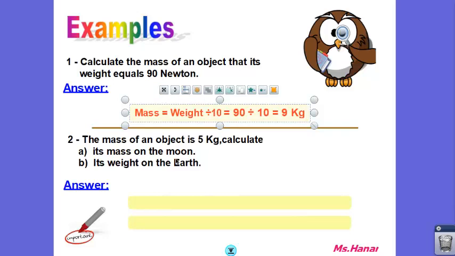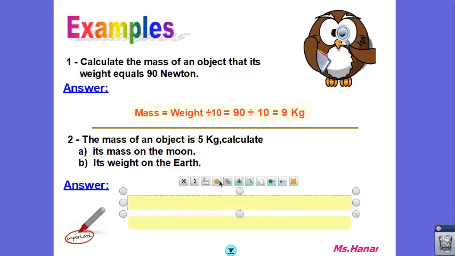Example number 2. The mass of an object is 5 kilograms. Calculate A, its mass on the Moon, and B, its weight on Earth. The answer: you know from the previous video, the mass of an object on the Moon equals its mass on Earth.